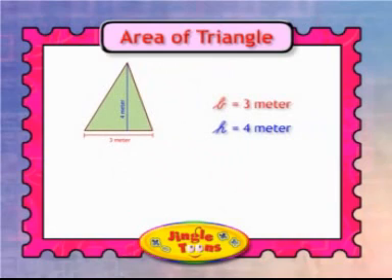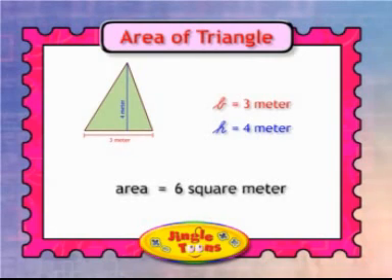Now the formula is area is equal to 1 upon 2 multiplied by B multiplied by h. So, area is equal to 1 upon 2 multiplied by 3 multiplied by 4. Thus, area is equal to 1 upon 2 multiplied by 12. Therefore, area is equal to 6 square meters.